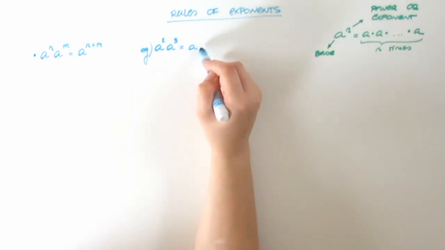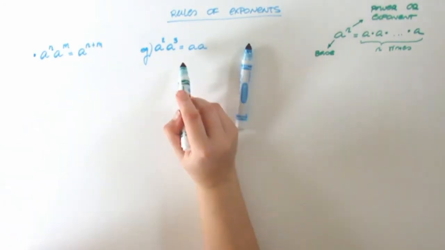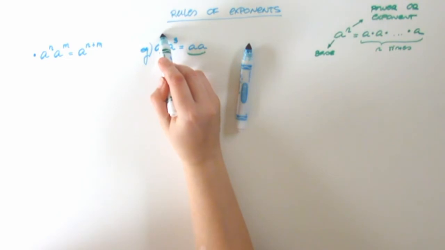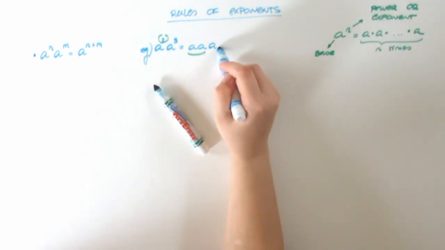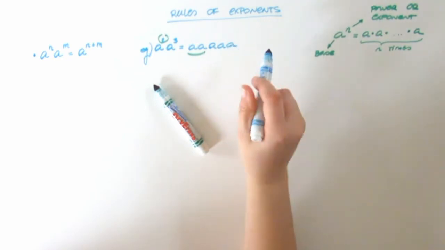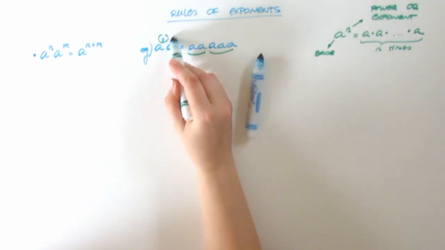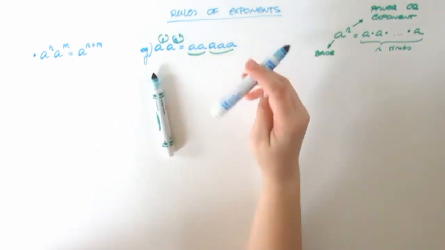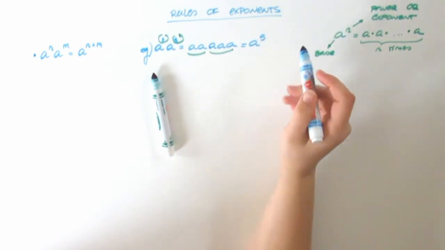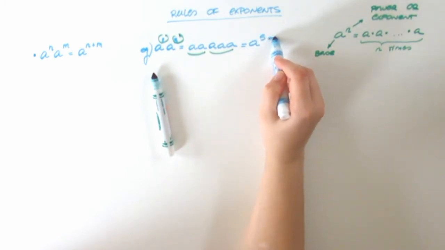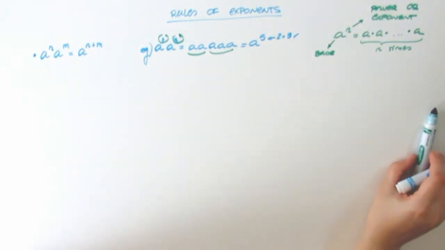If I begin expanding this, I would have a times a from the square, times a times a times a, which are the 3 a's from the cube. If I count how many, that is a to the power of 5, which is the same as 2 plus 3. That proves my rule works.